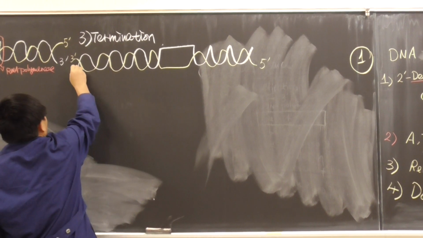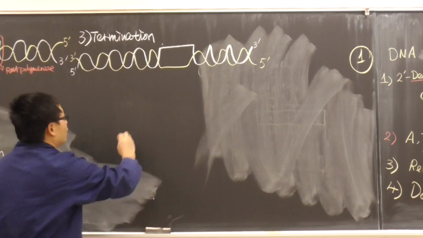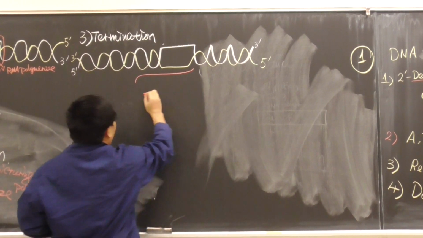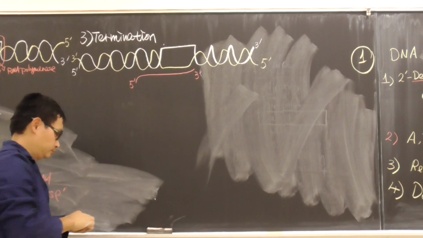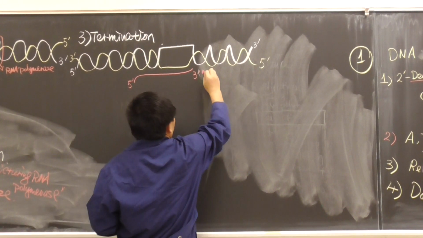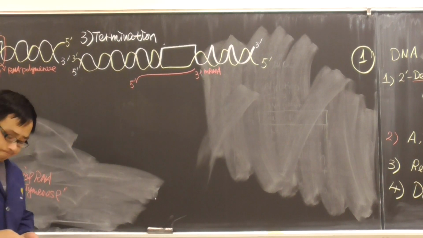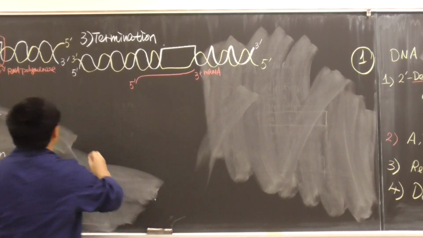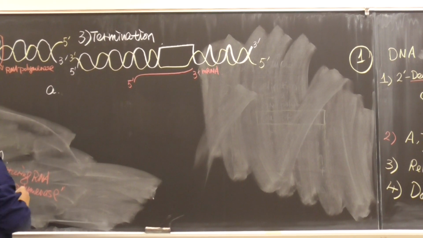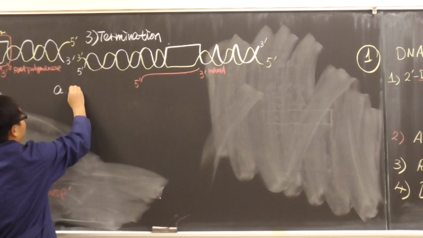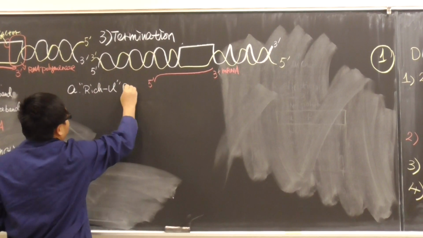So let's say we have the RNA, mRNA biosynthesis goes here. What's going to happen? There are basically two mechanisms. Number one, we call it the rich U region.